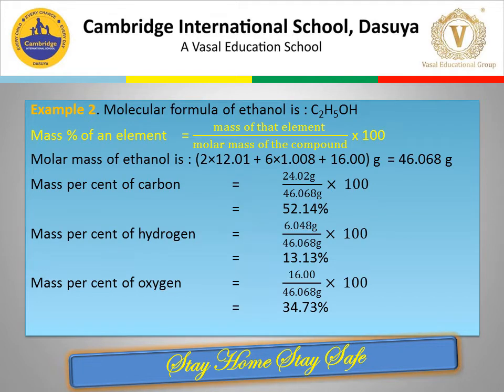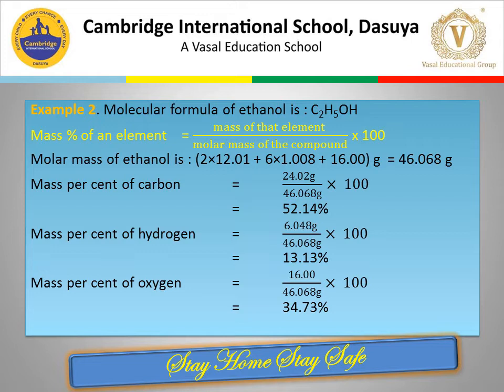Now let us see another example where we have to find out the mass percentage of different elements in the case of ethanol. We know the formula that the mass percentage of an element is given by the mass of that element upon the molar mass of the compound into 100. The molar mass of ethanol is the sum of the atomic masses, and we get it equal to 46.068 gram.